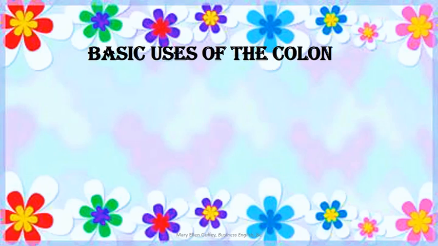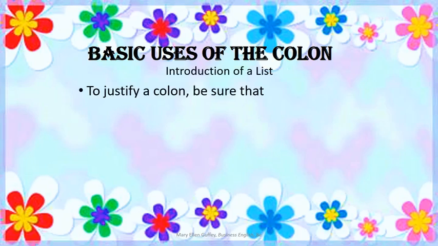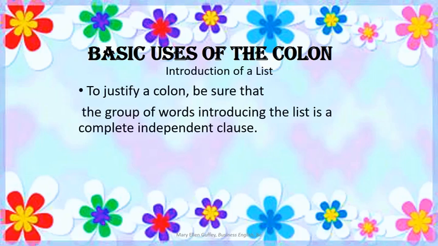Now, students, this is an extremely important point that we all need to remember while using the colon in our punctuation. We need to justify a colon and be sure that the group of words introducing the list is a complete independent clause. Now, see this example. The primary colors are red, yellow, and blue.